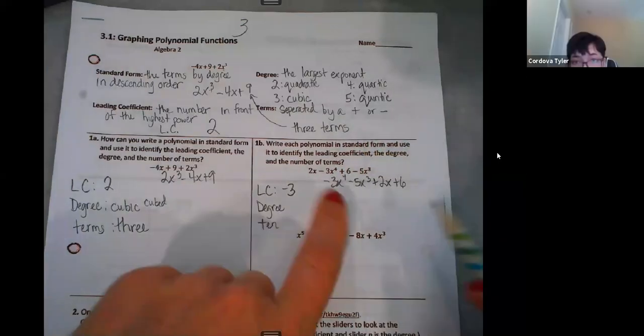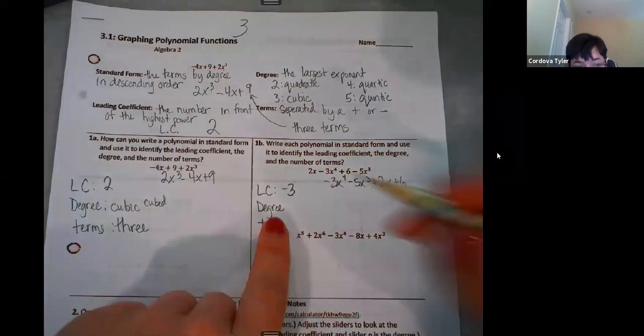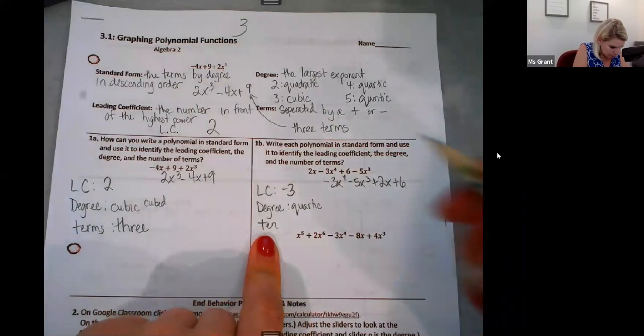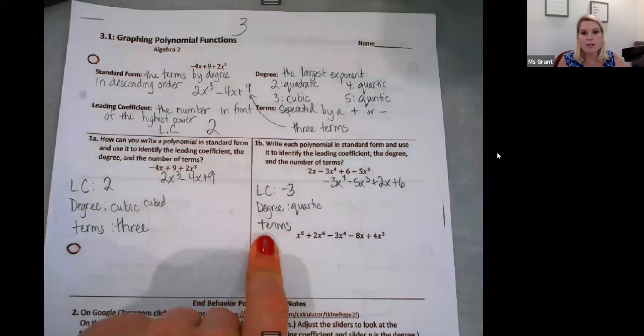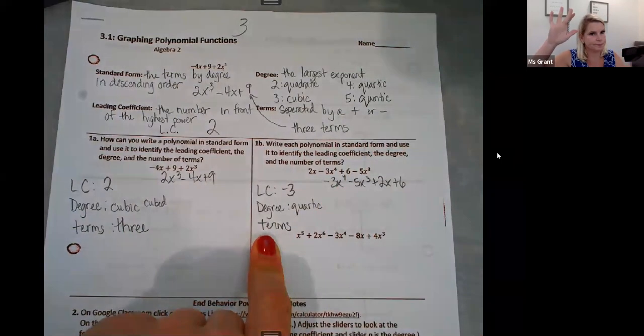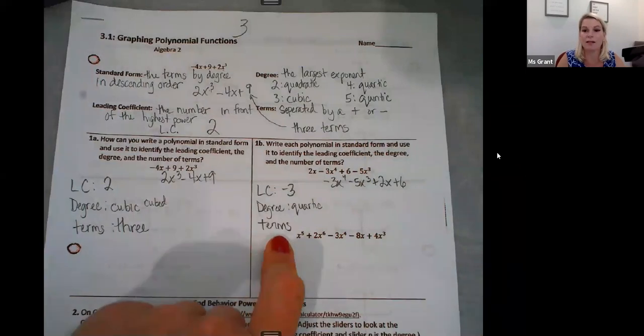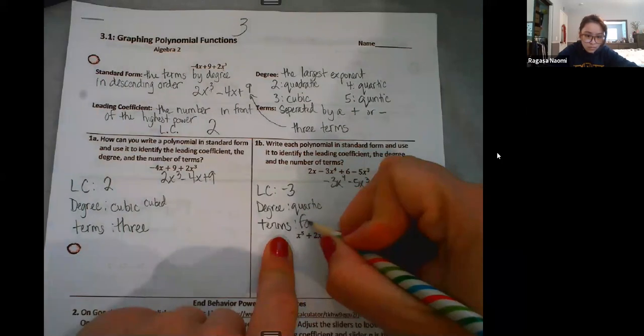I put quartic. Yeah. 4th degree. Terms. These are easy points, so get those hands up. Naomi, what is my terms? How many are there? 4. Good.